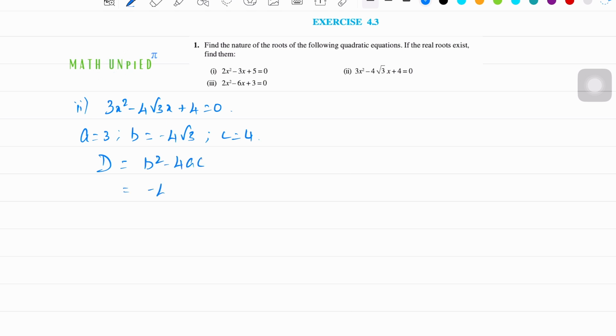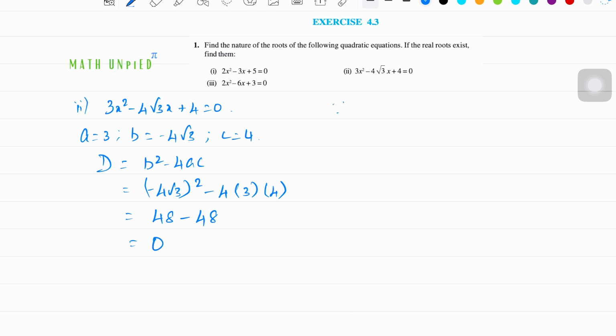This is (-4 root 3) whole squared minus 4 times 3 times 4. So this is 48 minus 48, since 4 squared is 16 and 16 times 3 is 48, and 4 times 3 is 12, 12 times 4 is 48. So this is equal to 0.